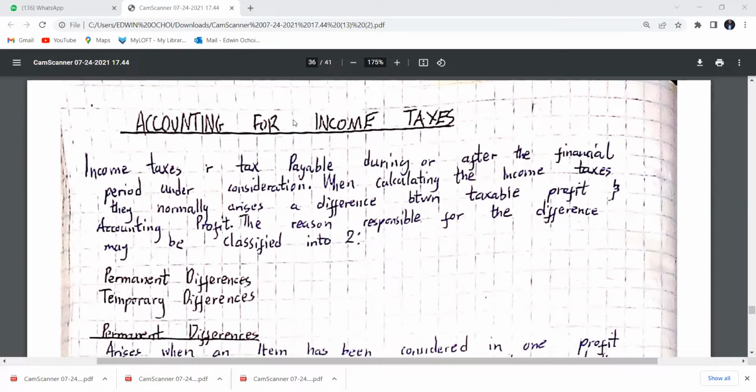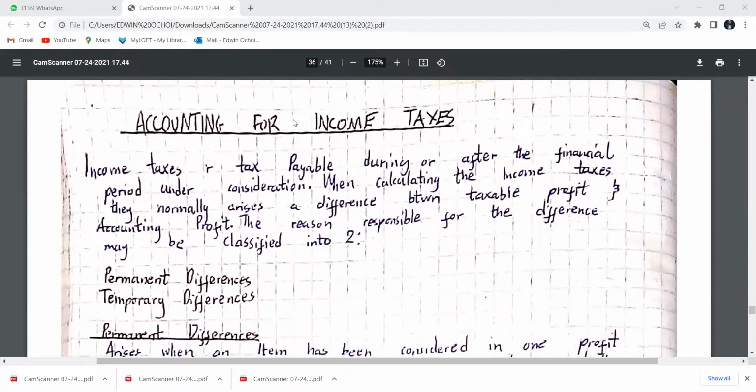Remember that for the taxman to arrive at the taxable profit, there are various items which a taxman considers. So there are some expenses which a taxman considers to be allowable expenses and others disallowable.